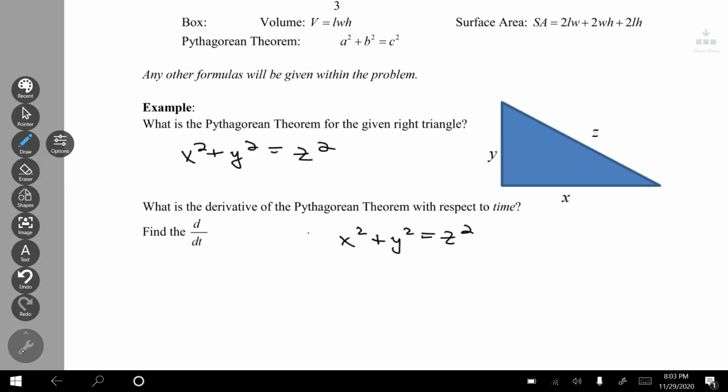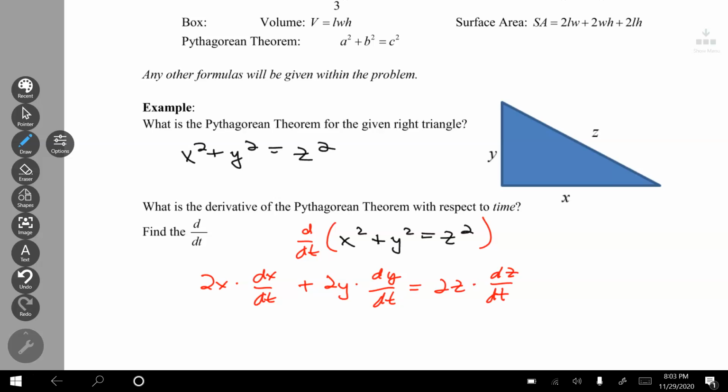I'm going to take the d/dt of it all, not the d/dx like we did before. I know we did this before. Now we're taking the derivative with respect to time, so we're getting 2x times dx/dt plus 2y times dy/dt equals 2z times dz/dt.